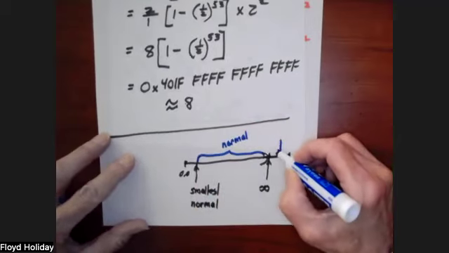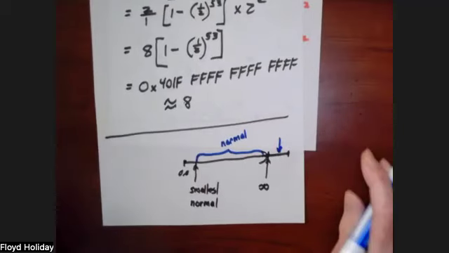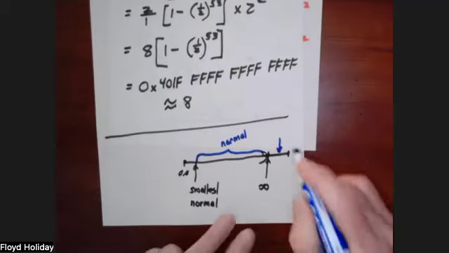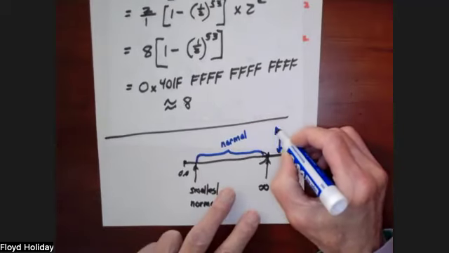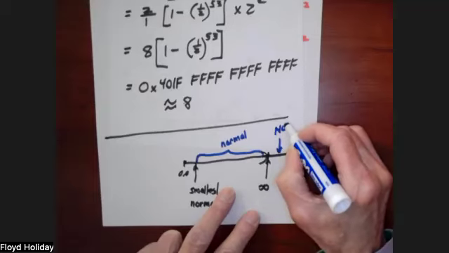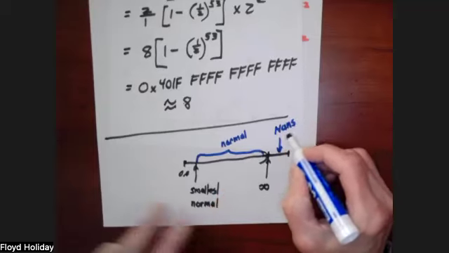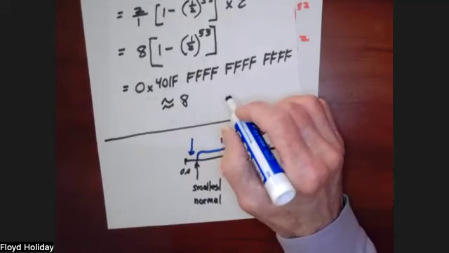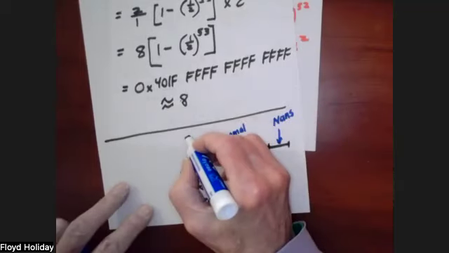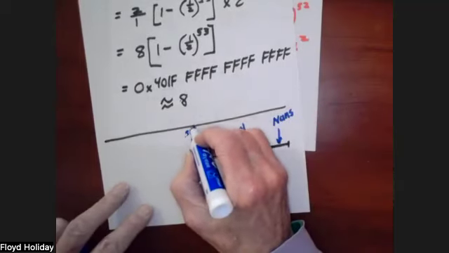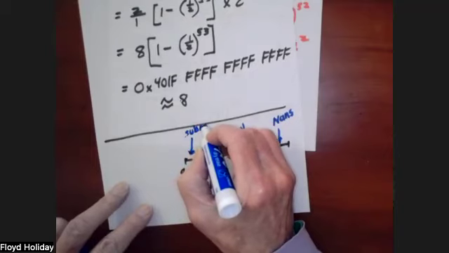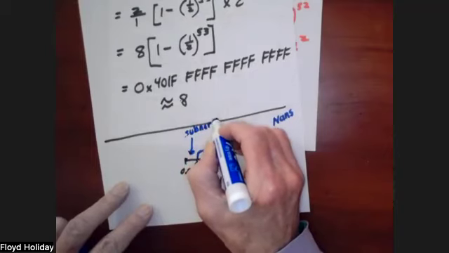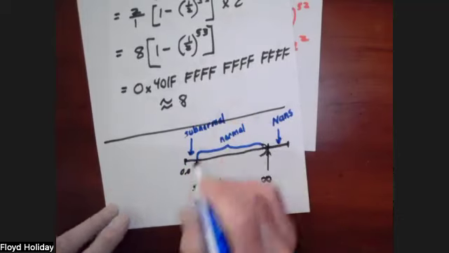These over here are called nans. And these in here are called subnormal numbers. They're very tiny.